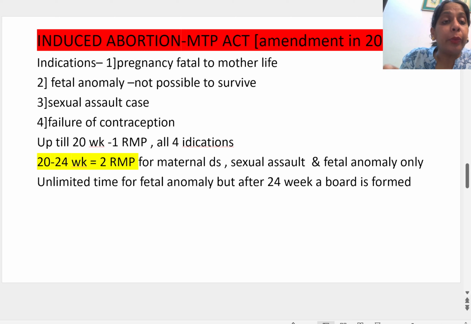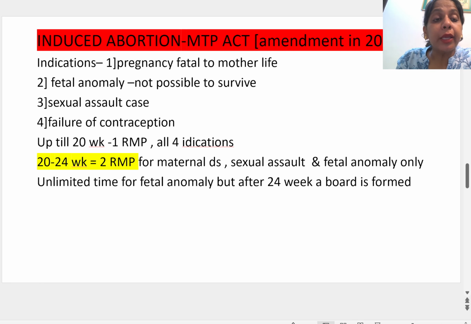Now up till 20 weeks, under any of these 4 conditions, we can terminate the pregnancy. Up till 20 weeks, 1 registered medical practitioner can terminate. From 20 to 24 weeks, 2 registered medical practitioners are required, and permission is given only for maternal and fetal conditions.